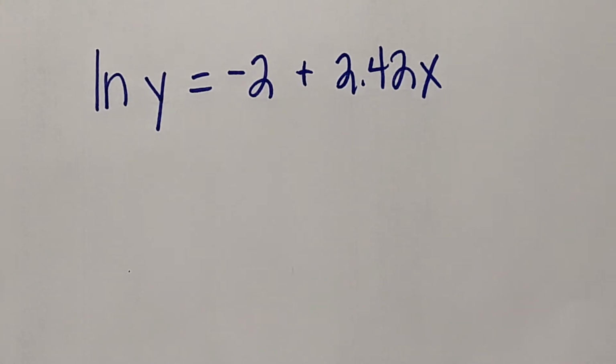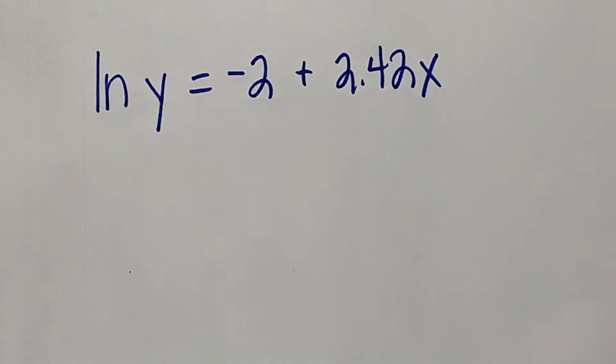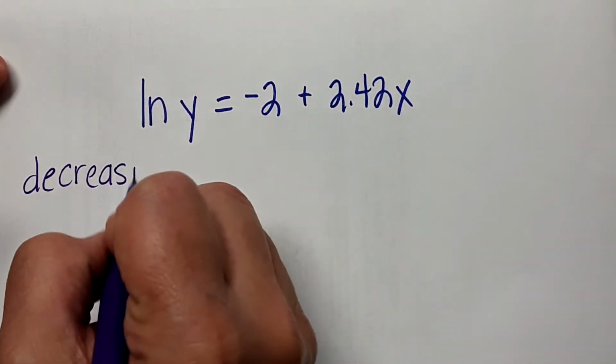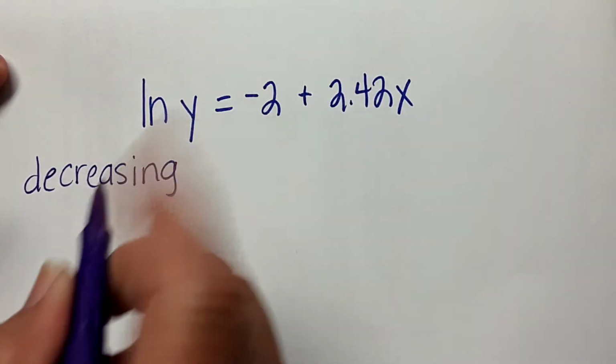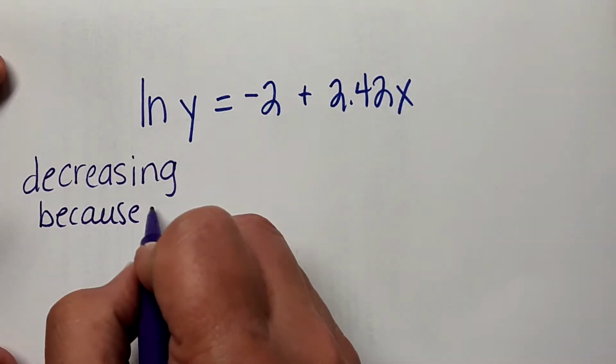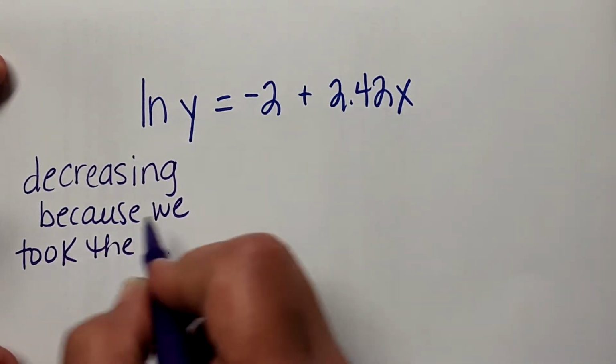So those are things that I want you to be thinking about. Okay, now, what type of model is it? From this, we know it's decreasing. And we know it's decreasing because we took the natural log.